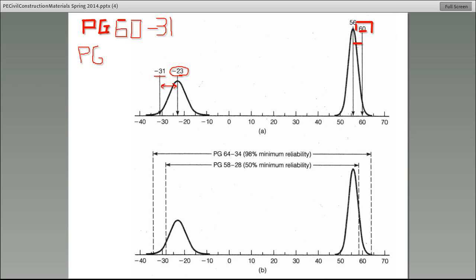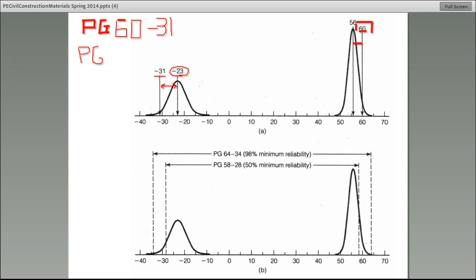Oh, you're asking why multiply by 2? Statistically, that is the way it works. That's the statistical method. Just accept it. All right? To get 98%, it's 2 standard deviations away.